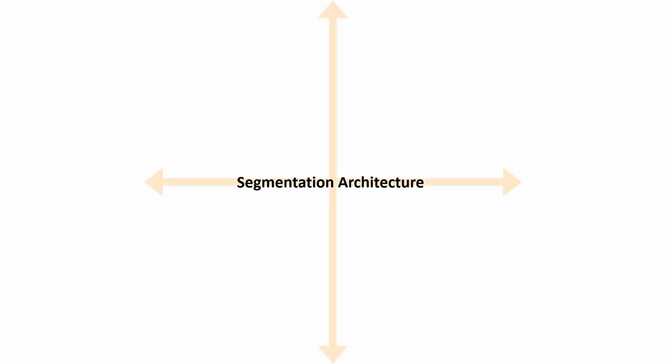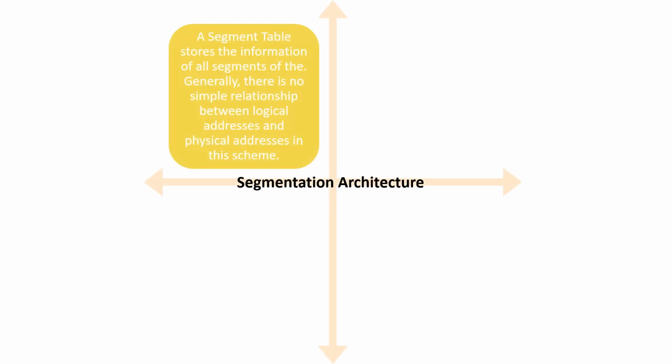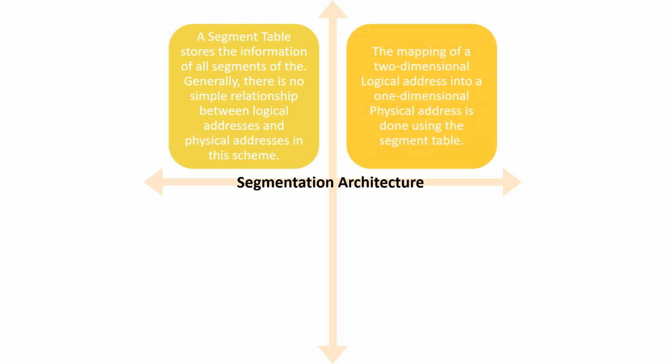Now we can move to the segmentation architecture, that is, what is present in segmentation. The segment table has all the information about the segments. Generally there is no simple relationship between the logical addresses and the physical addresses in this scheme. The mapping of these two-dimensional logical addresses into one-dimensional physical addresses is done using the segment table.